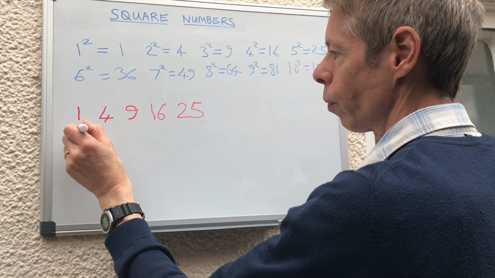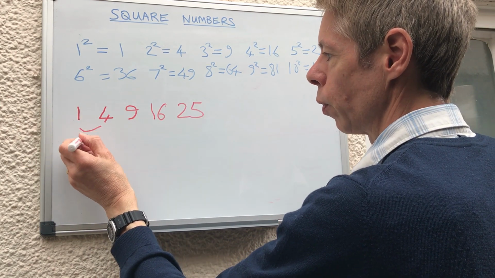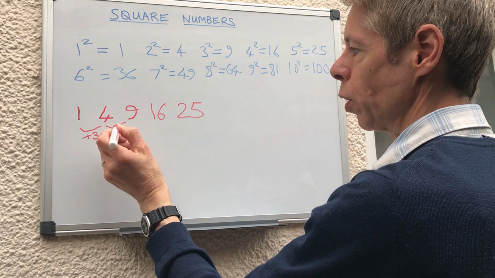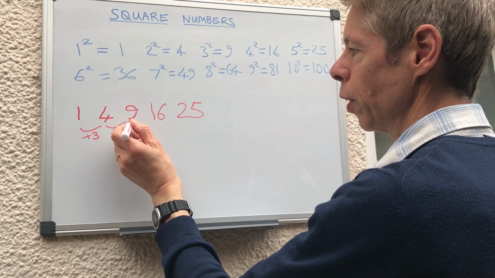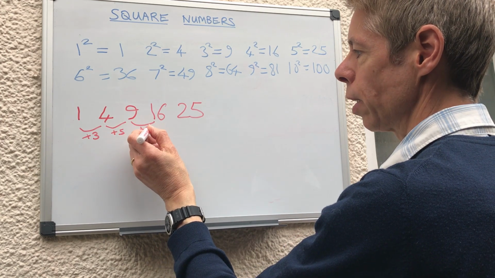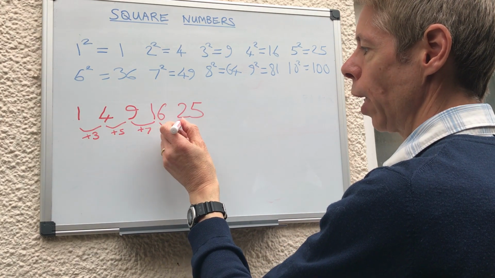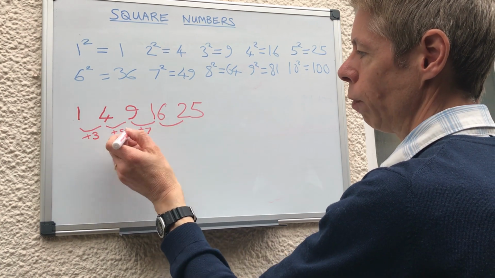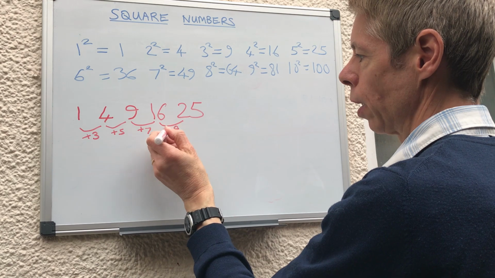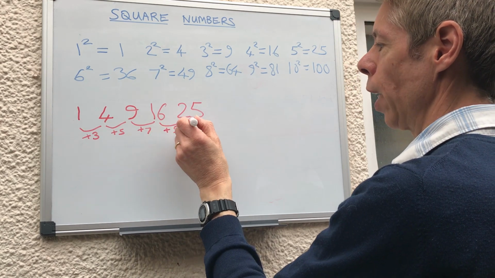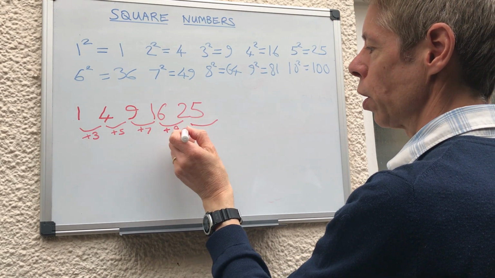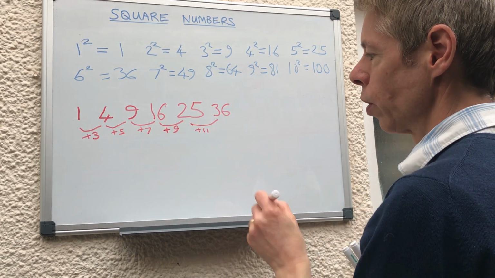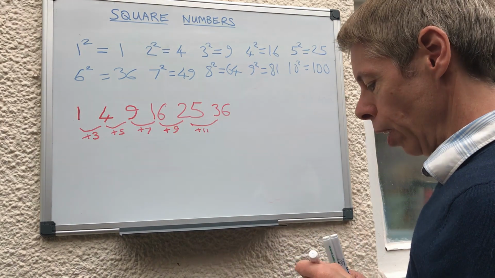So if we do the interval, we've added 3. Between the next two square numbers we add 5. Between the next two we add 7. We've added 3, 5, 7. It's got to be 9, hasn't it? So if you want to know the next square number, you just add 2 to that, so add 11, which will give you 36. And you can keep on going like that.